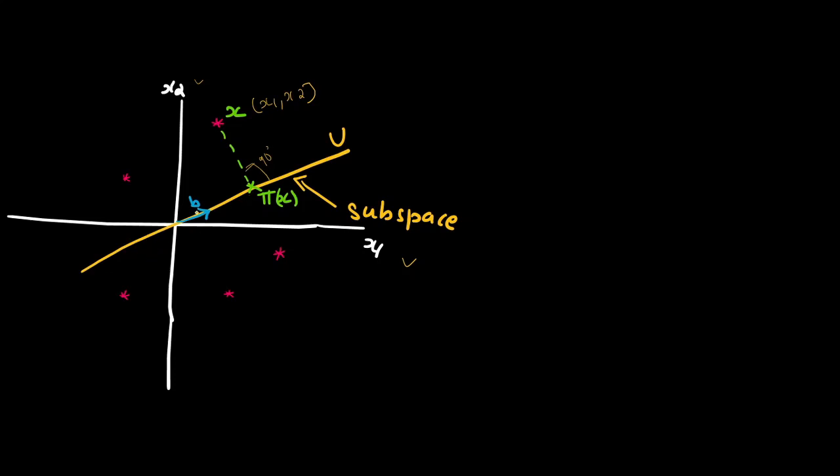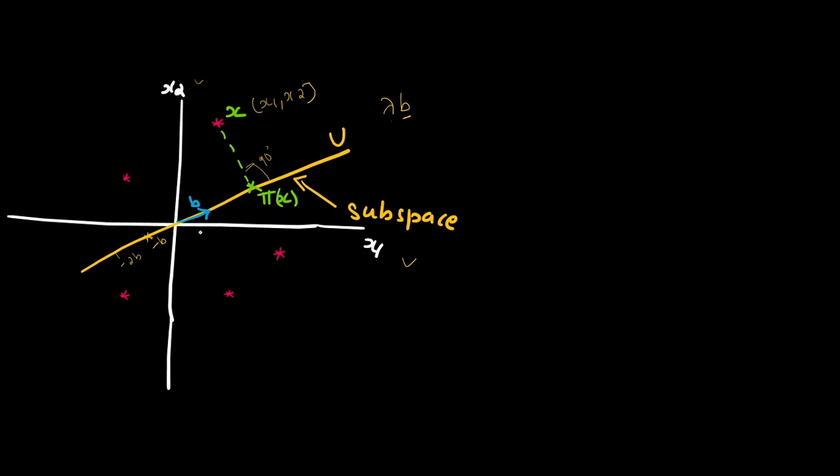That means any vector on this line can be represented in terms of lambda b, a multiple of the base vector. If you want to represent a vector over here, it will be minus b, and next we have minus 2b, like that.